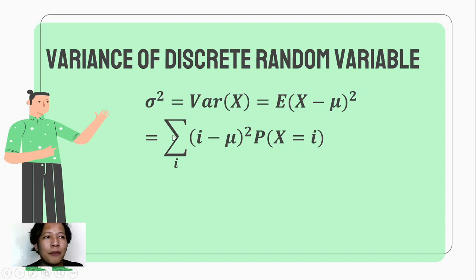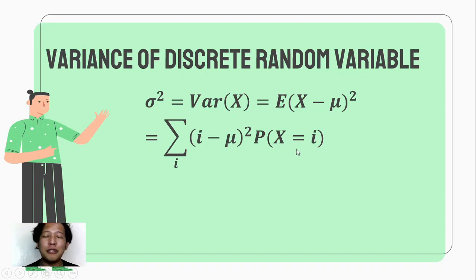Translated into the language of probability distribution, we have the summation of i minus the mean, squared, times its probability.